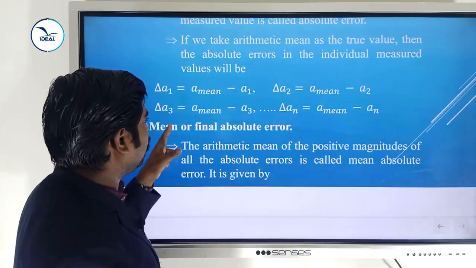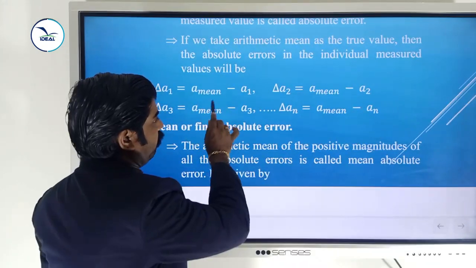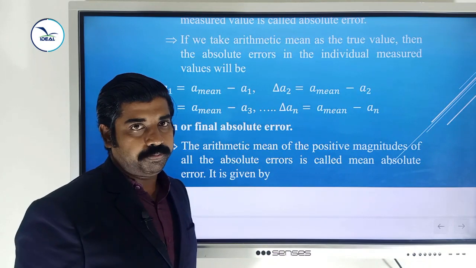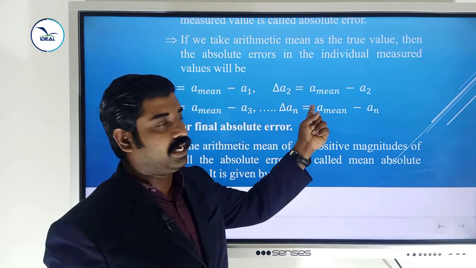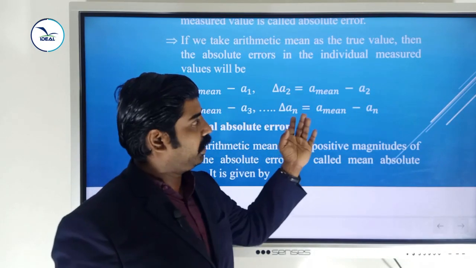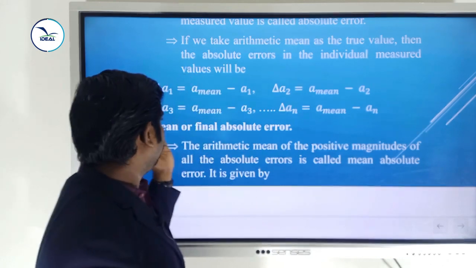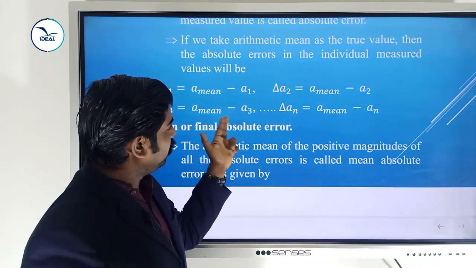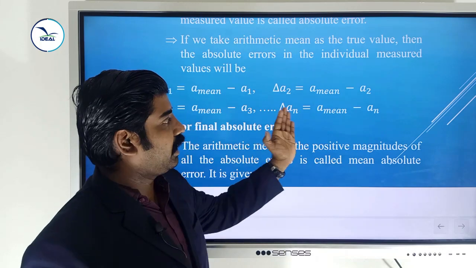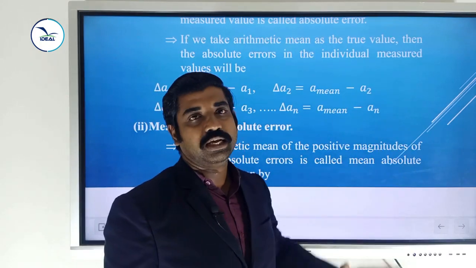Capital delta A1 is equal to A mean minus A1, delta A2 is equal to A mean minus A2, delta A3 equals A mean minus A3, and delta AN equals A mean minus AN.